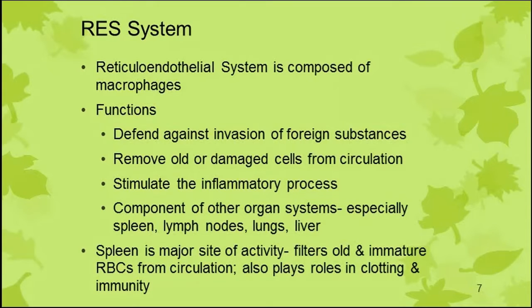The spleen is the major site of activity because the spleen's purpose is to filter out old immature red cells from circulation, and the spleen also plays a role in our clotting and our immune system. We're not going to go in depth in that.